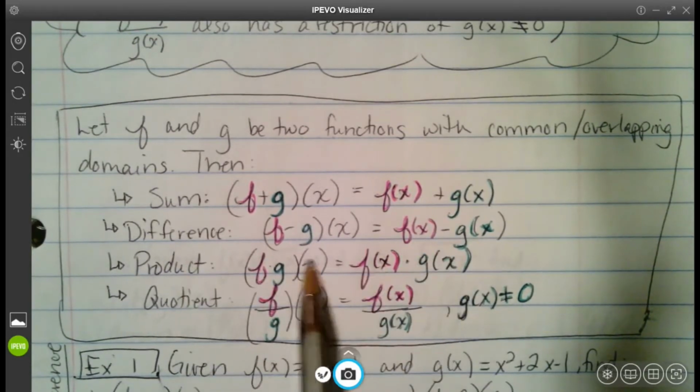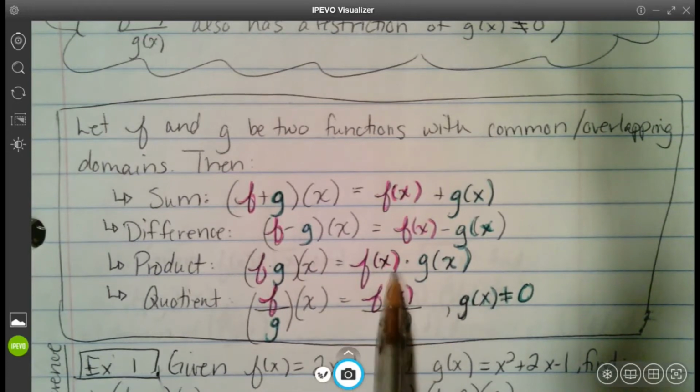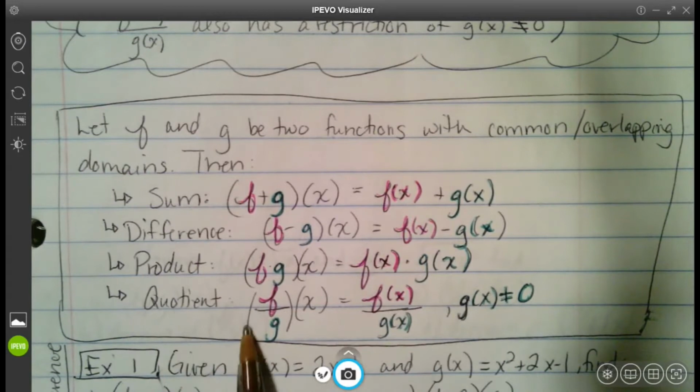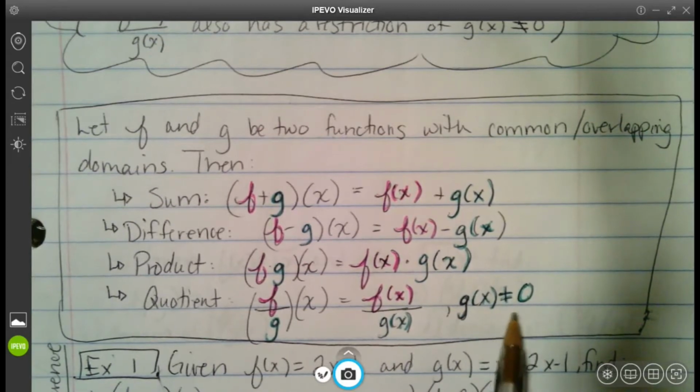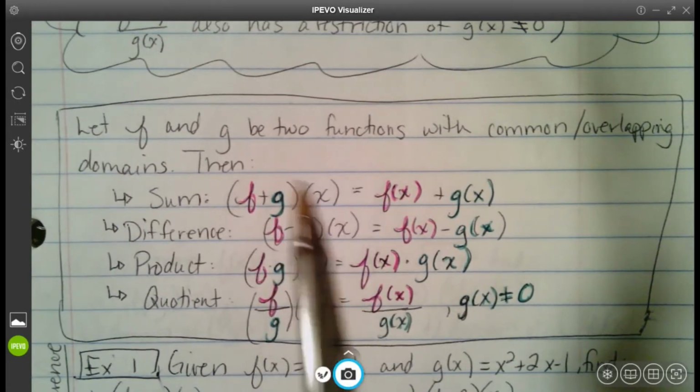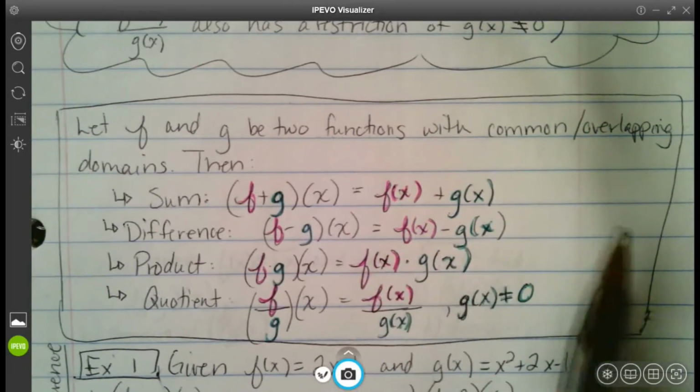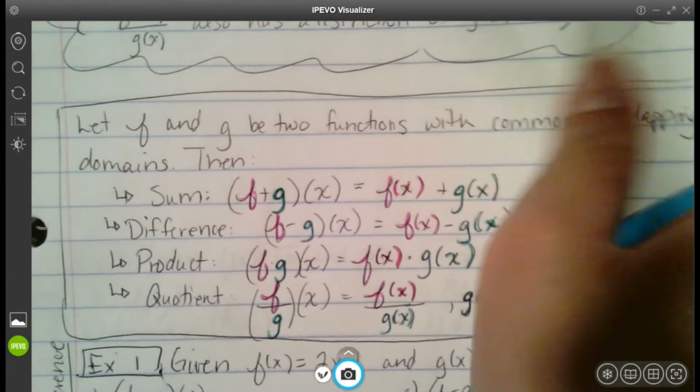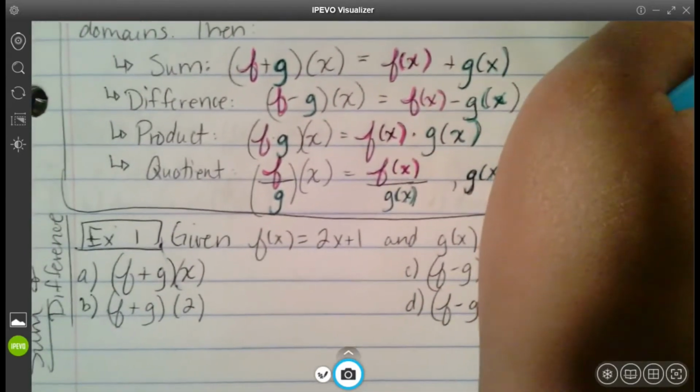The product, we are multiplying, so most of the time we're just distributing at this point. And then the quotient, which is division: the f function divided by the g function, with the restriction that g cannot equal 0, because again, division by 0 is undefined. This is the notation you're going to see in this text mostly, but this is what it means. Okay, we're going to go right into an example, and you might have seen this at some point.